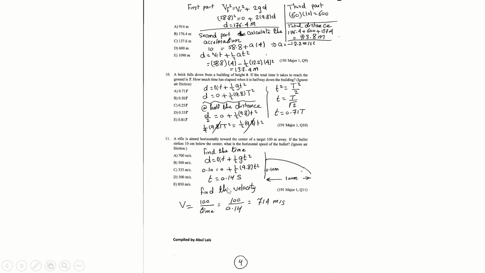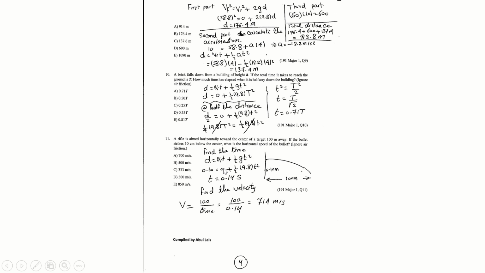The first thing I want to find is how long it takes for the bullet to reach the ground. So we will use this equation that says d equals v initial t plus half g t squared. Now d is the height, which is 10 centimeters, and 10 centimeters means 0.10 meter.